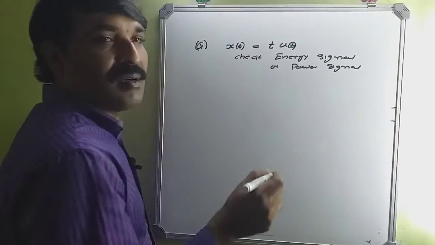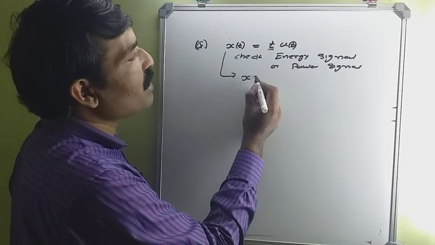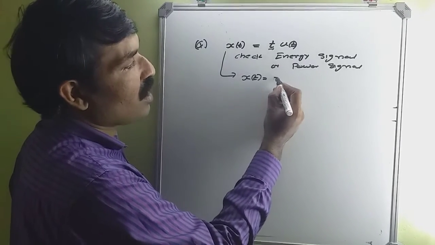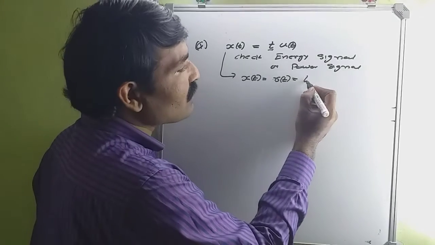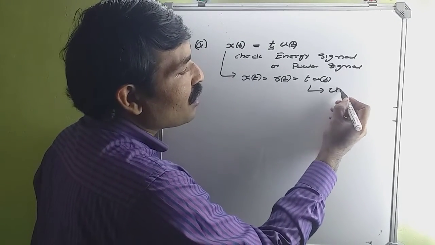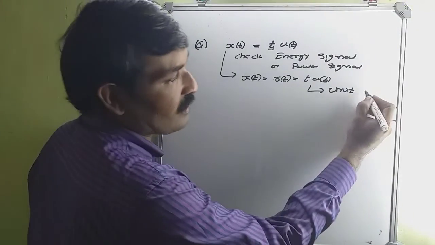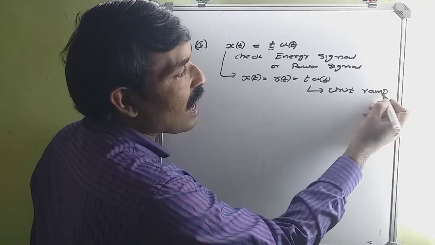Okay. The signal x of t is our unit ramp signal, is equal to r of t is equal to t into u of t. It is one of the common elementary test signals, that is unit ramp signal.